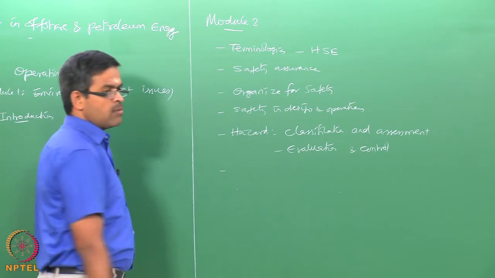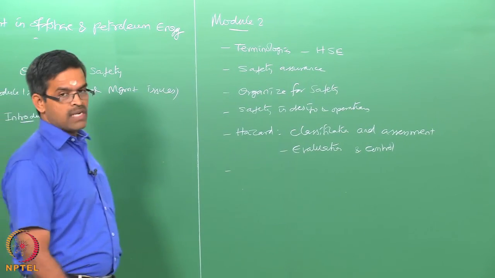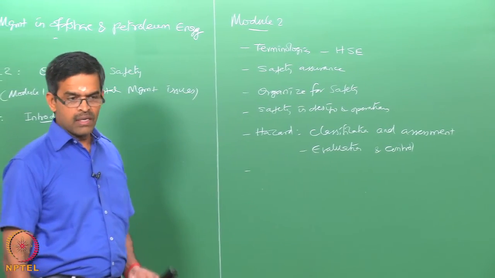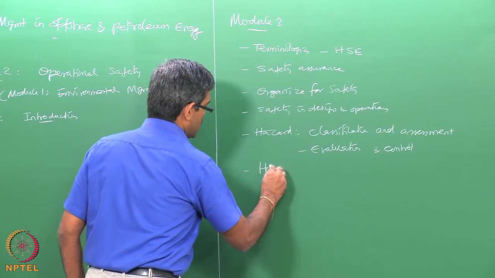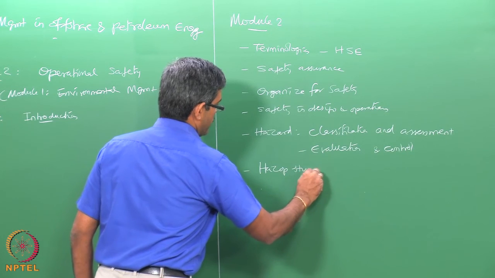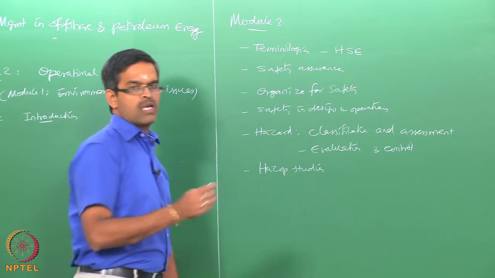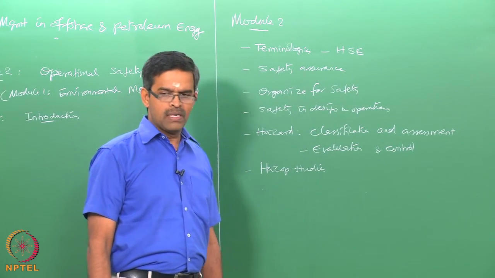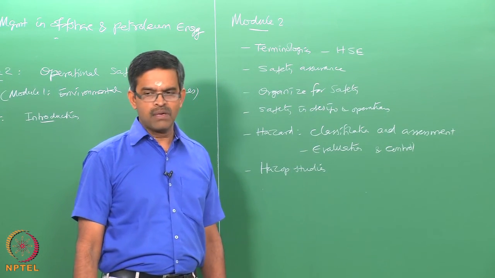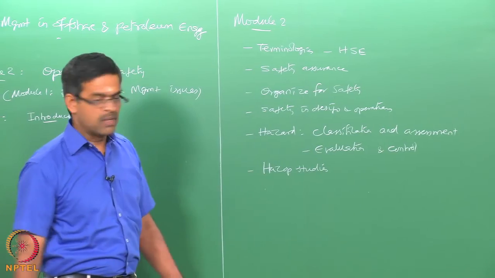Then we will talk about hazard assessment study, which is done qualitatively and exclusively for process industries, and is famously called hazard studies. We will dedicate a few lectures on this. We will also do a couple of case study examples which we did from a research perspective in IIT Madras.